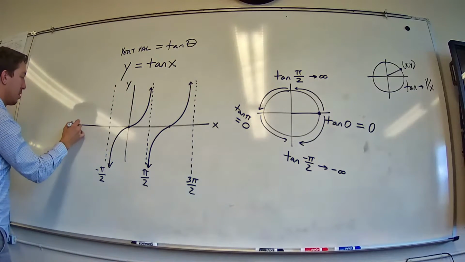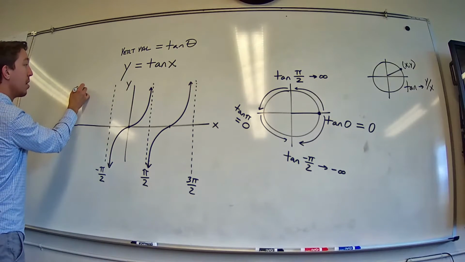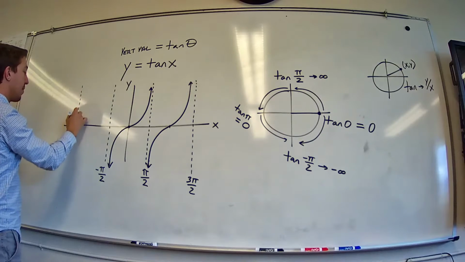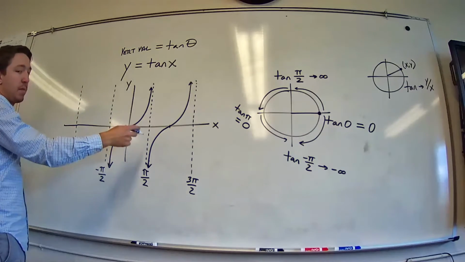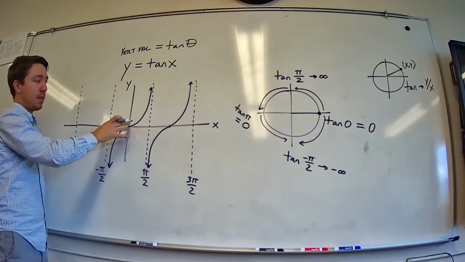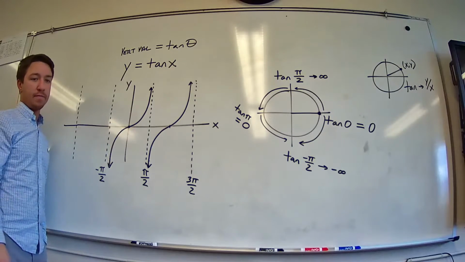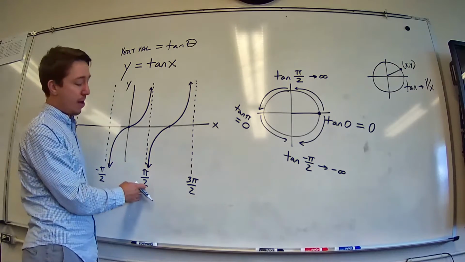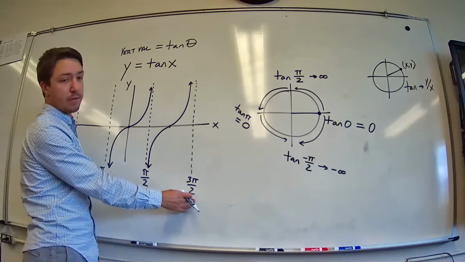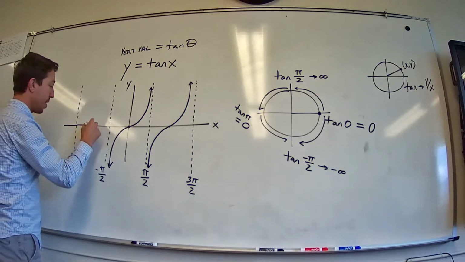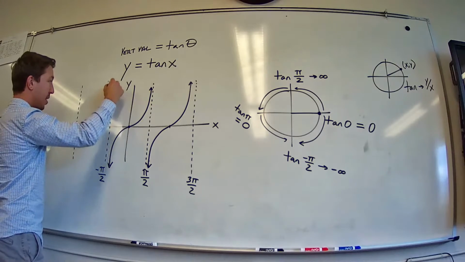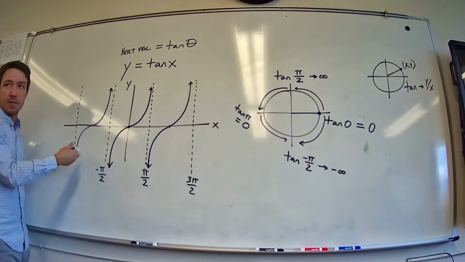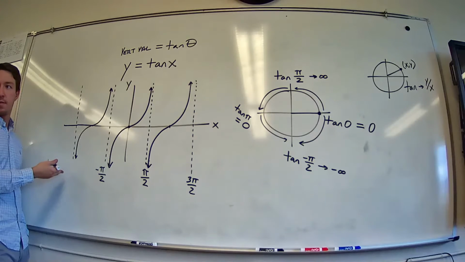So at this point, it seems as though we've cracked the periodicity of this function, meaning it just repeated itself. Going from negative pi over 2 to pi over 2 is the same exact pattern as going from pi over 2 to 3 pi over 2. And I'll spare you the thorough explanation, but I hope it makes sense why it would just be the same thing over here.